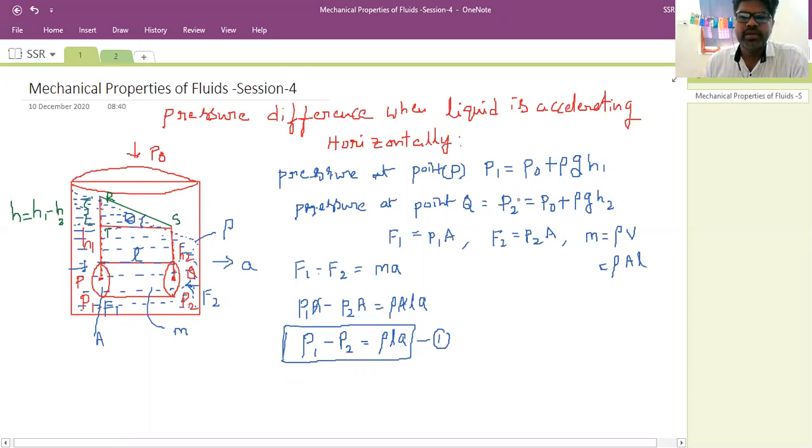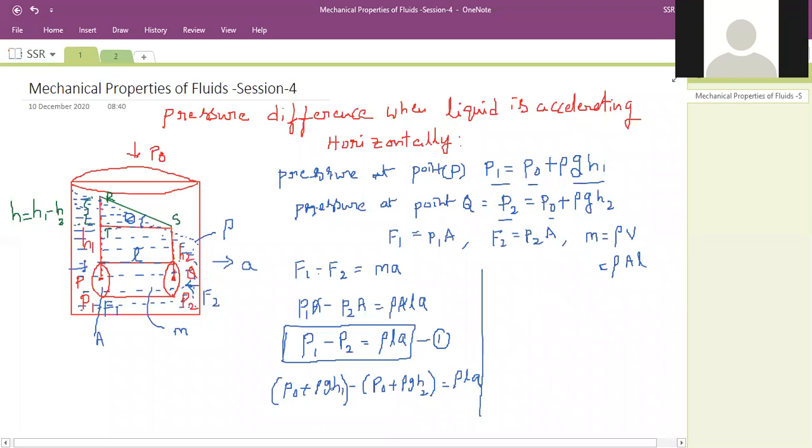Now we can substitute P1 and P2 values here. We already wrote P1 is equal to P naught plus rho g H1, P2 is equal to P naught plus rho g H2. Substituting, P naught plus rho g H1 minus P naught plus rho g H2 is equal to rho L a.